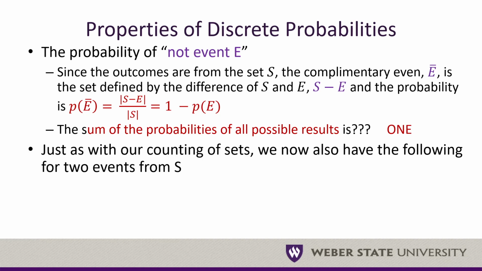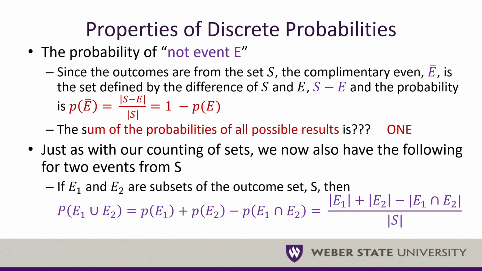When it comes to counting sets, we also have the idea that we may have intersections of things happening or other kinds of things going on, and we have to be able to talk about that. So if, for example, I have two events, E1 and E2, then if I want to look at the probability of one or the other event happening, I have to be able to count how many elements are in that.